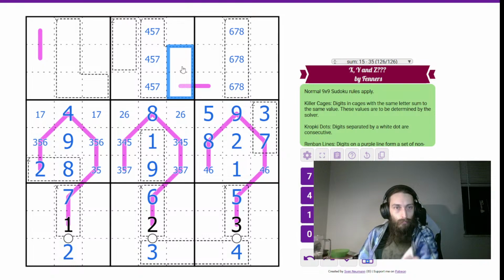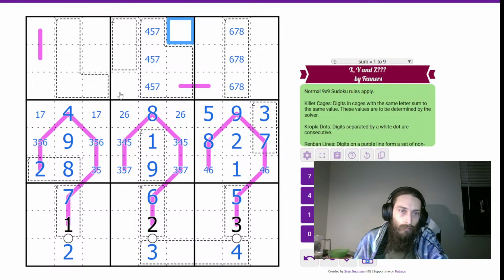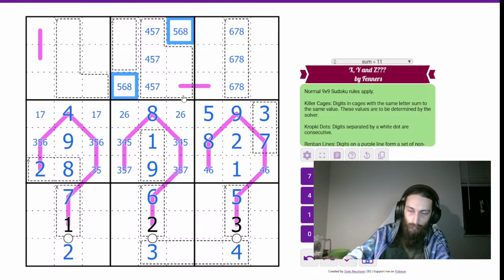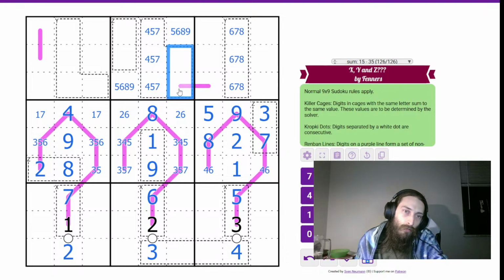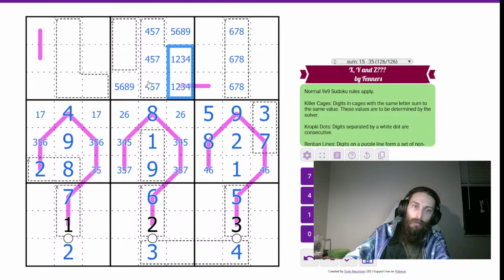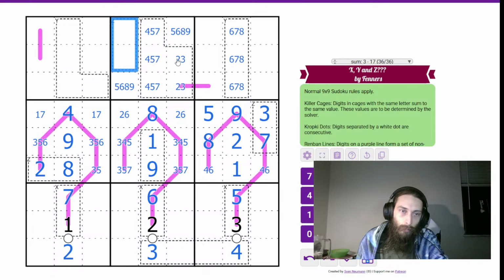For the 2 corners on the outside of box 2, 21 minus 16 is 5. And it can't be 4 1, so it has to be a 2 3 pair.